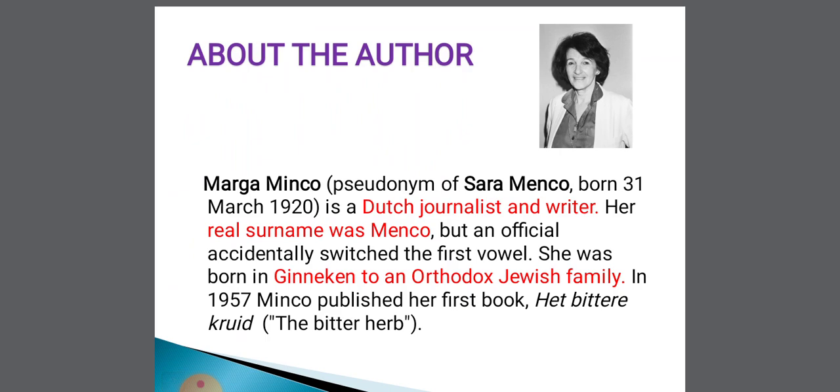Here you can see the picture of the author Margot Minko. Margot Minko is the pseudonym of Sarah Menko. Actually, the spelling of this surname was Menko. Born 31 March 1920, she is a Dutch journalist and writer.